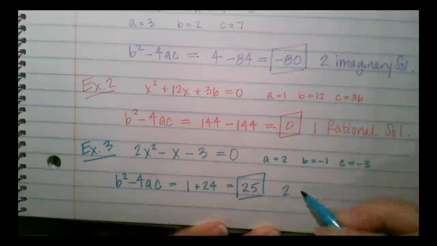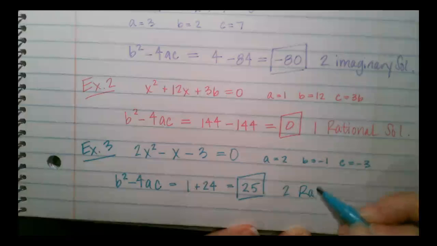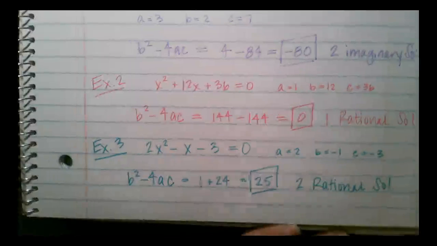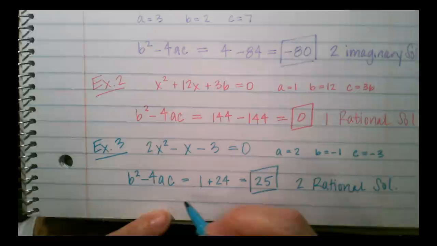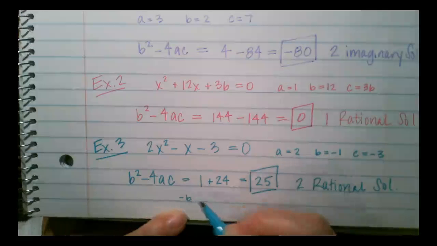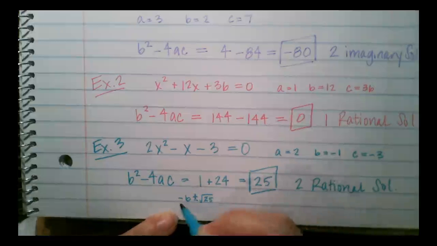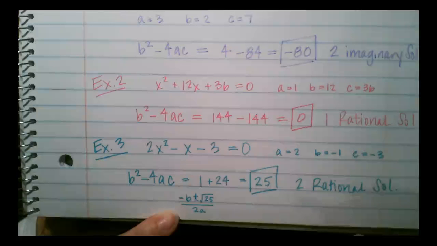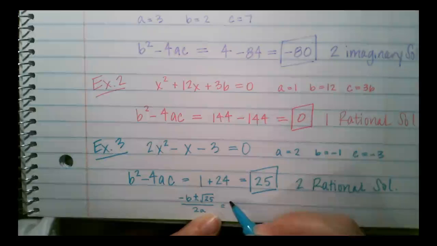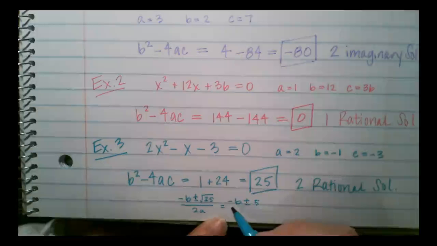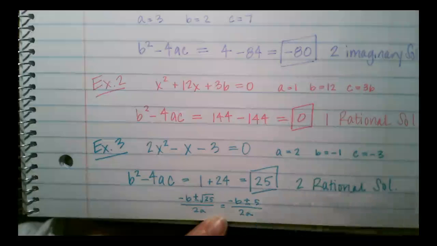To explain why, let me get this written down right here. Two rational solutions. If I finish with the quadratic formula, I would have negative b plus or minus the square root of 25 over 2a, which would simplify to negative b plus or minus 5 over 2a.